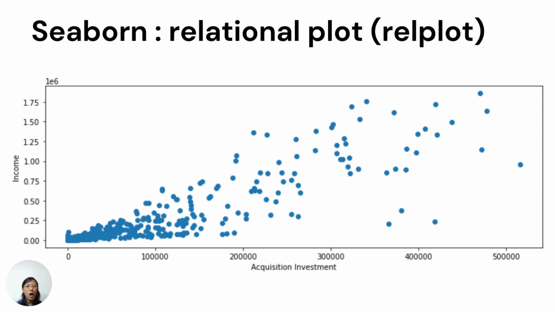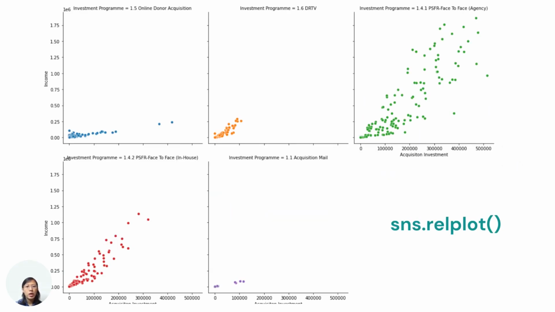Now, we want to see whether this correlation is the same regardless of the investment program. So how do we do it? We have to draw the scatter plot for each different program.